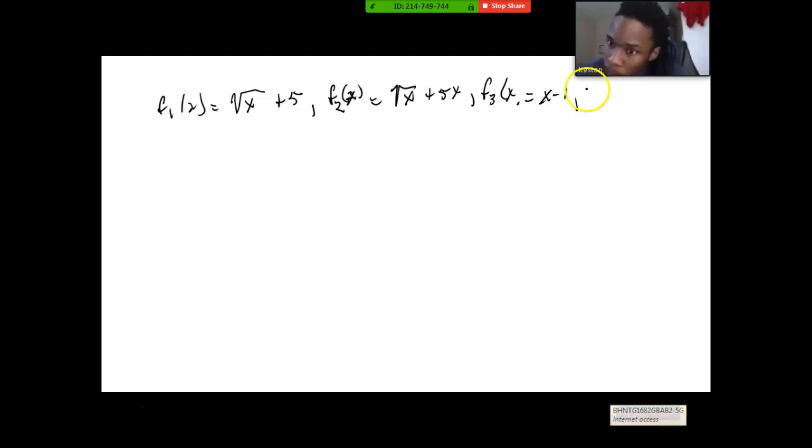And f4 of x is equal to x squared. They claim that's linearly dependent on the interval 0 to infinity.